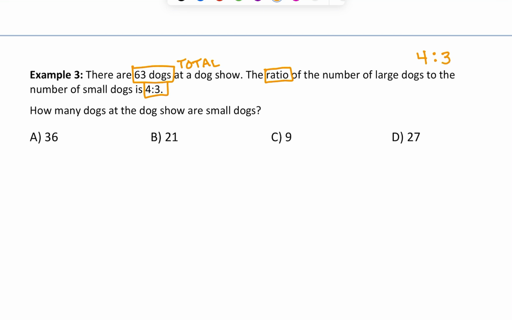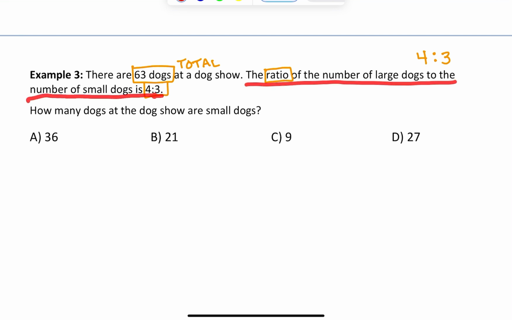But I need to know my labels. So we're going to go back to the sentence that says ratio, and I need to know what is it explaining? What are my words going to be, and which one comes first and which one comes last? We want dogs, but what types of dogs?